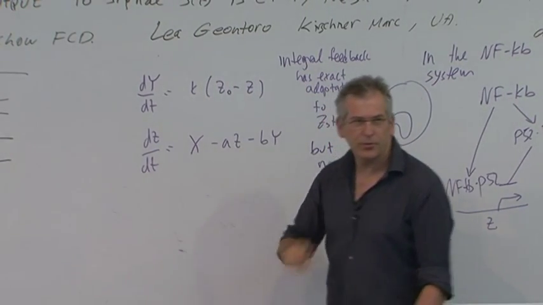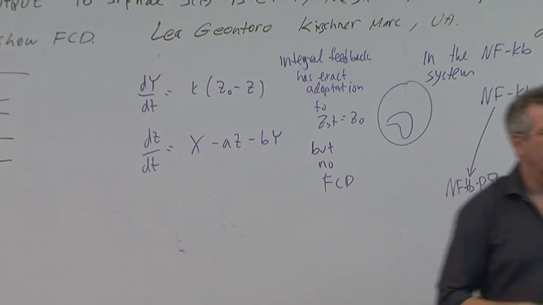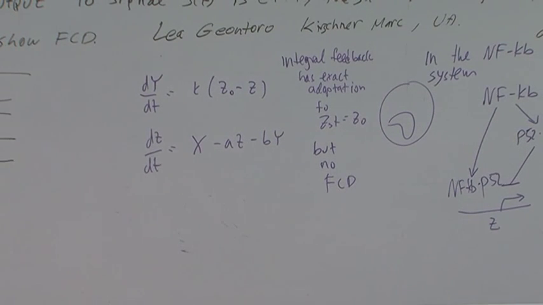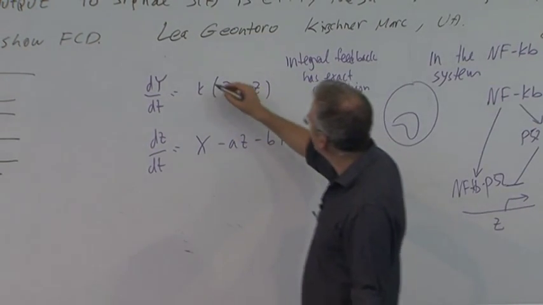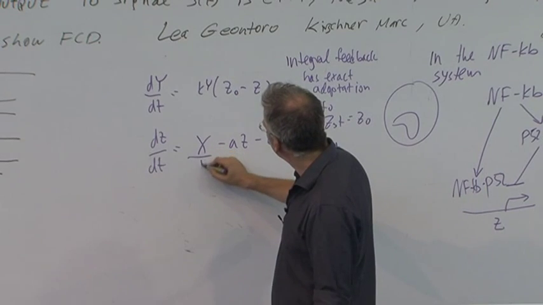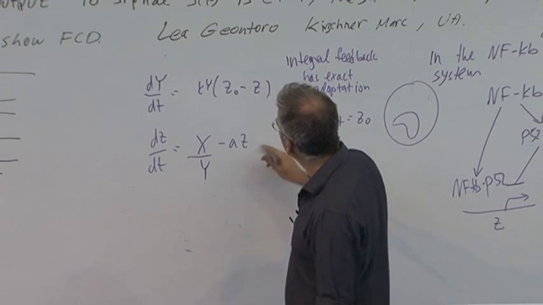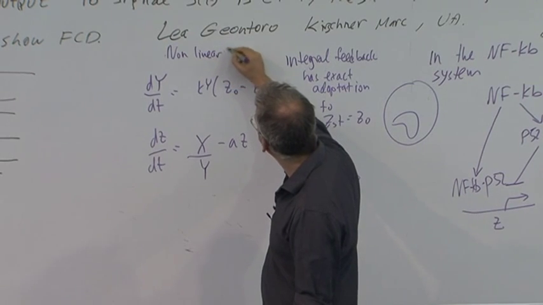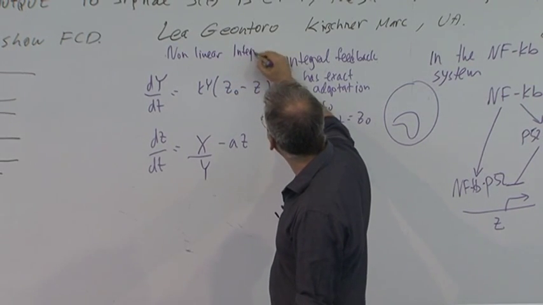And if I change the input by a factor of 2, the output will change by a factor of 2. It's a linear system. It can't have fold change detection. But using this theorem, you can repair integral feedback to make it have fold change detection, basically by sticking a y here and making this proportional. This nonlinear integral feedback.